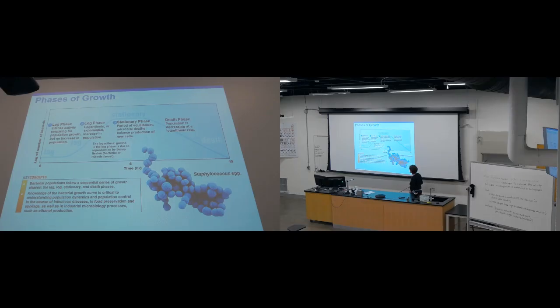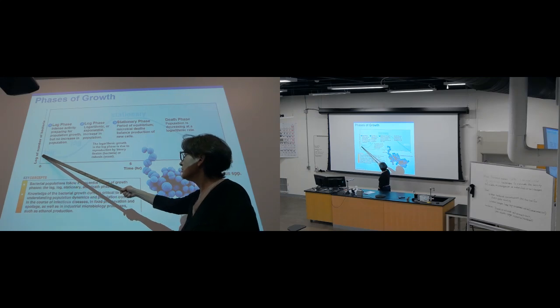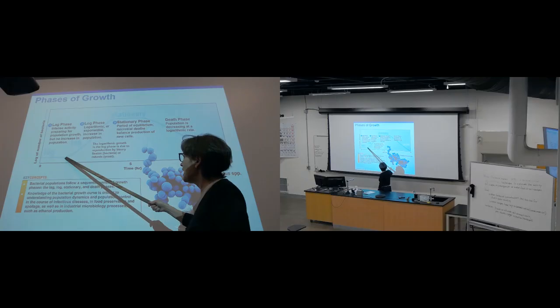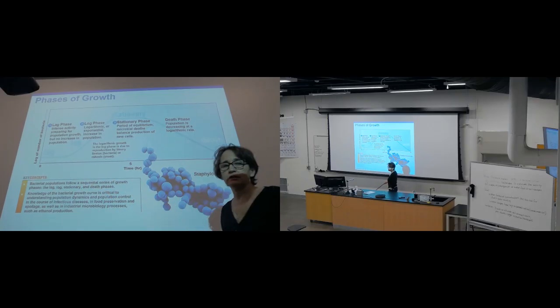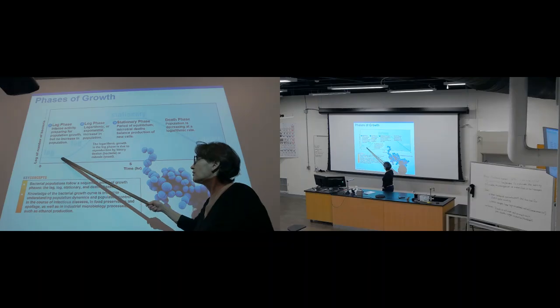So what happens in each of these phases? If you put bacteria to grow at time 0, and you let it grow, let's say, for an hour, and then you start measuring with a device that measures bacterial growth, like a spectrophotometer, you don't see any growth of bacteria.